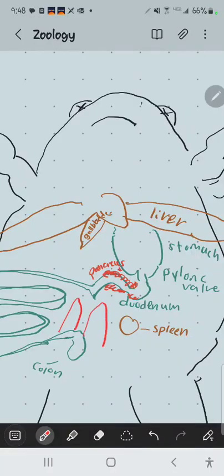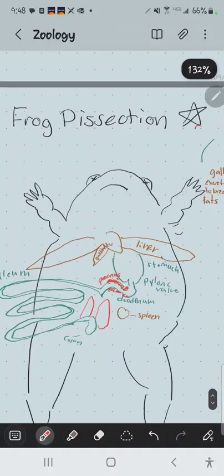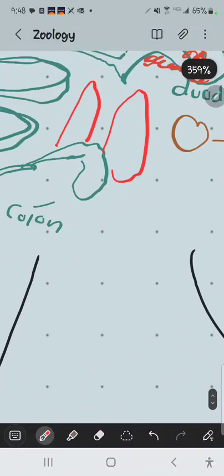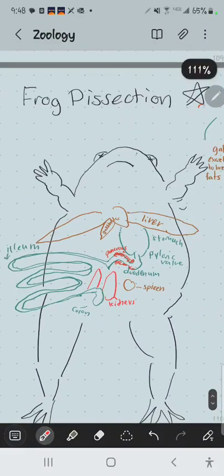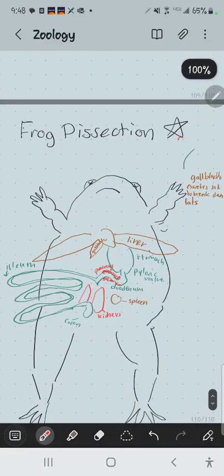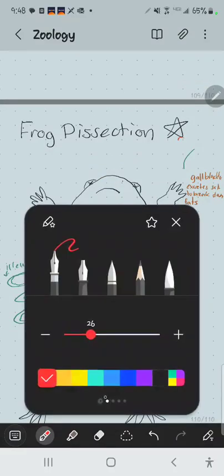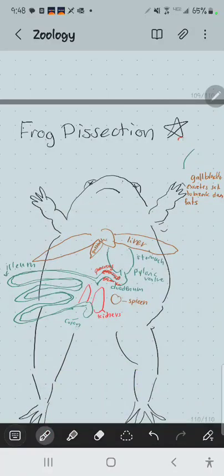Okay, I think that gets us all of our peritoneal organs. So stomach, pyloric valve, duodenum, ileum, colon, fair game, kidney, spleen, pancreas, liver, gallbladder. That's pretty much what you're going to see in the peritoneal cavity. There might be gonads to wade through. If it's a female, she might be loaded with eggs.